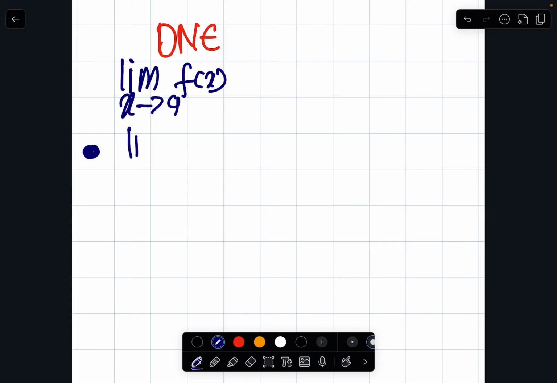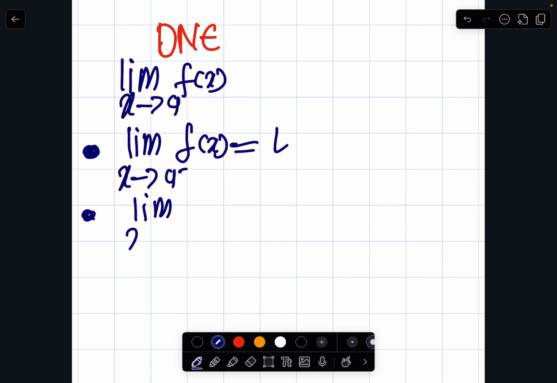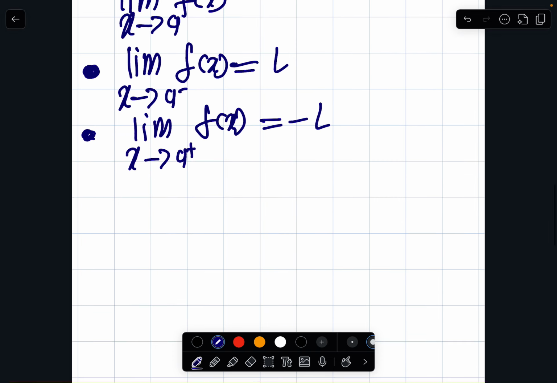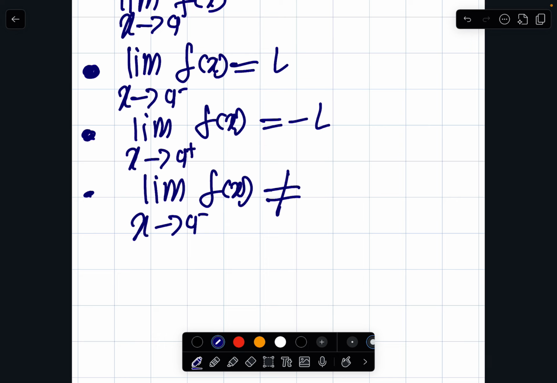The limit as x approaches a from the left of f of x can be equal to L, and the limit as x approaches a from the right of f of x can be equal to negative L. Therefore, the limit from the left of a of f of x is not equal to the limit from the right of a.